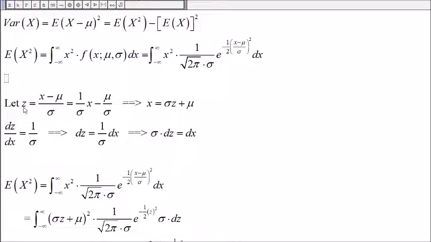The derivative of z with respect to x is 1 over sigma, since mu over sigma is constant and its derivative is 0. So dz is equal to 1 over sigma times dx, and multiplying both sides by sigma, we have sigma dz equal to dx.